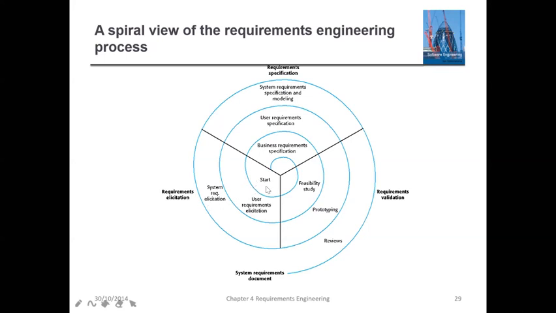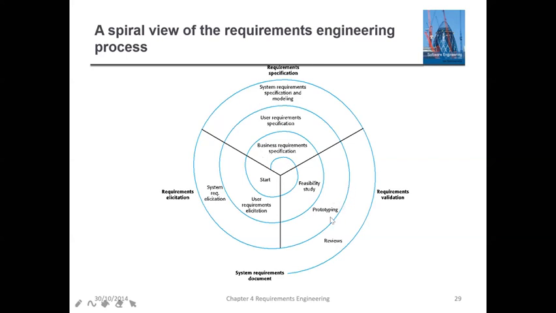First one will be start. You are going to gather all the information. Then you go for user requirement elicitation and system requirement elicitation. What is happening on the specification side? You have to go for the business requirement specification, then the user requirement specification, then the system requirement specifications. You have to go through like this.